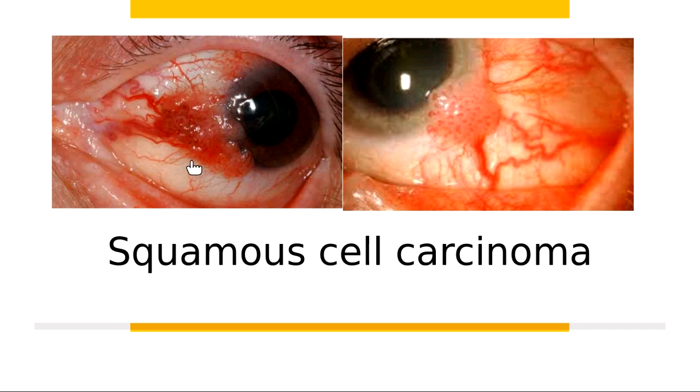I would say that it's an erythematous lesion on the, well, the one on the left looks like the medial aspect of the eye, and it seems to be very vascularized. And raised.